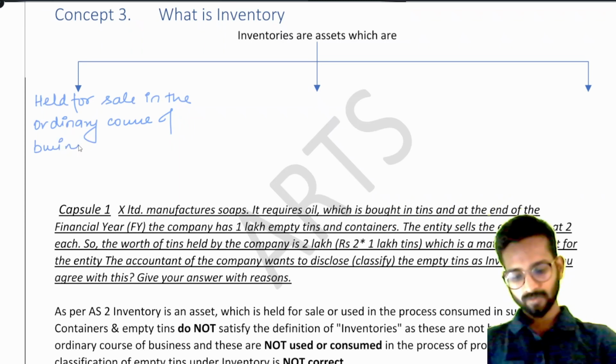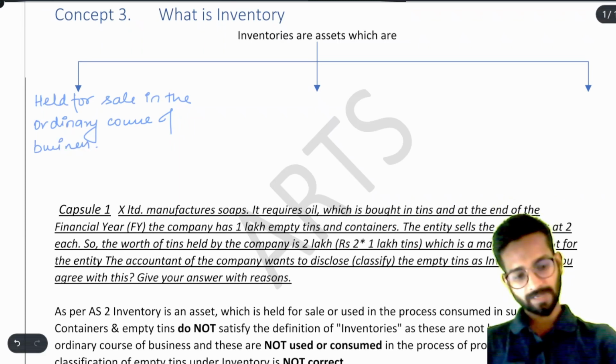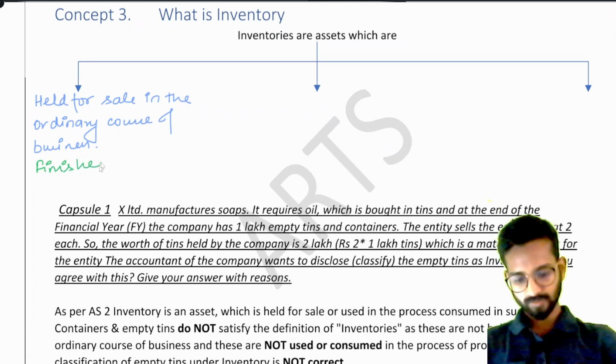In our godown, what do we hold? We hold shirts. That was our finished goods. In our example, they were shirts.